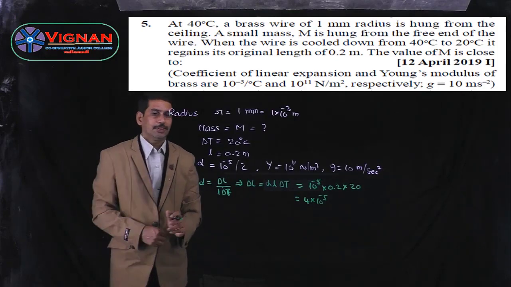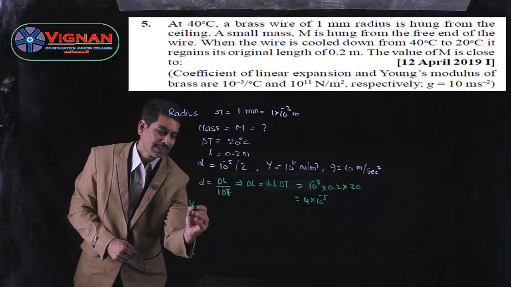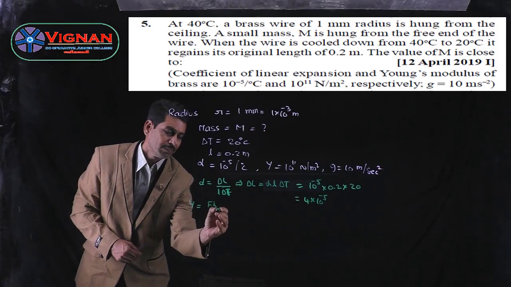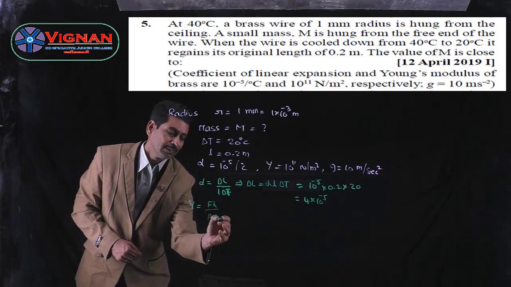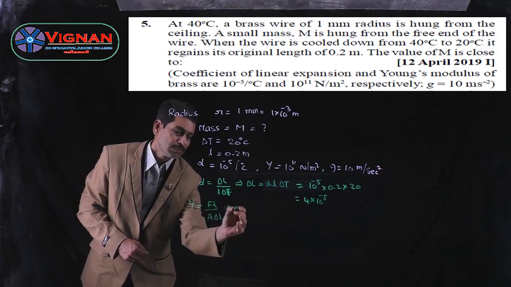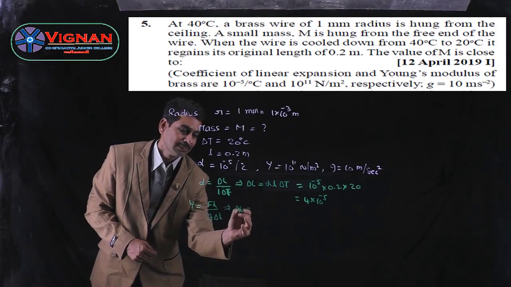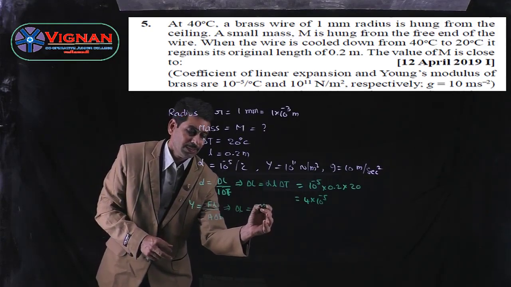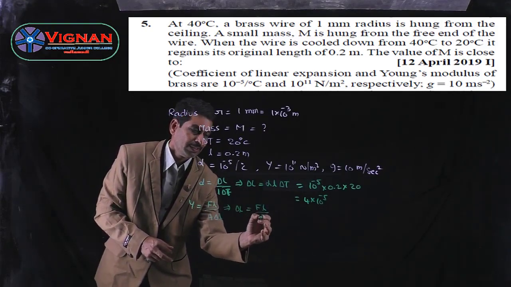From the definition of Young's modulus, Y is equal to FL by A delta L, and from this also delta L is given as FL by AY.